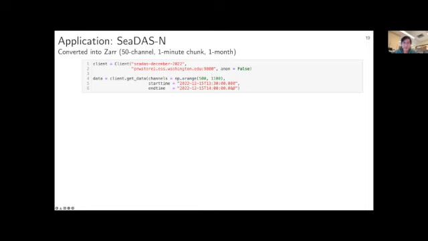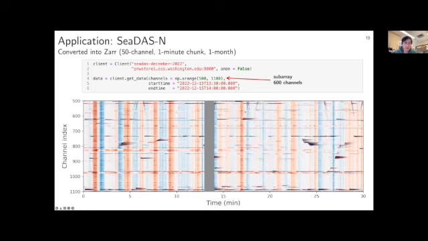We request the segments from channel index 500 to 1100, so it's a 600-channel subarray. We specify the start time and the end time, and the data is loaded directly into memory. Here this shows 30 minutes of data. You could see coherent non-seismic noise like this strip, and there are cars moving, and there are some data gaps for some unknown reasons.